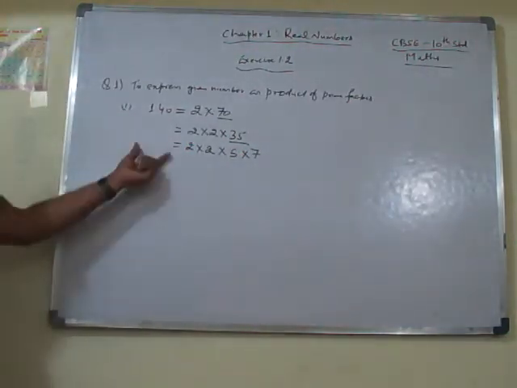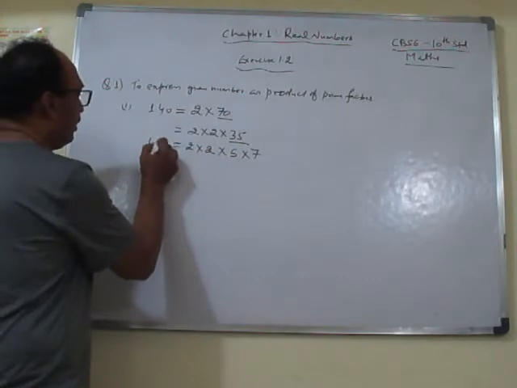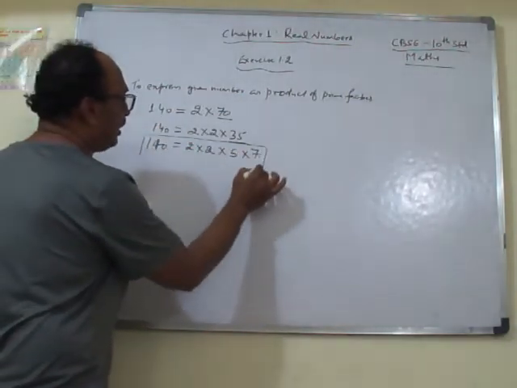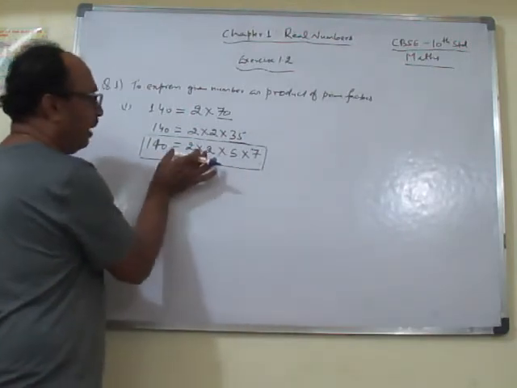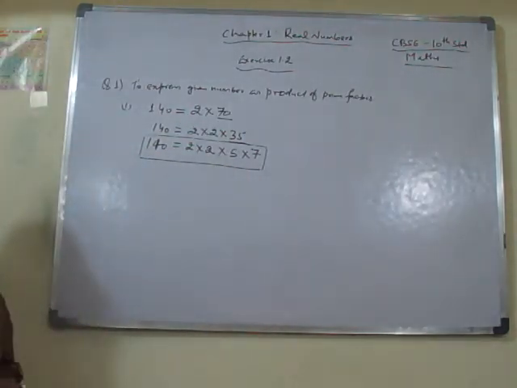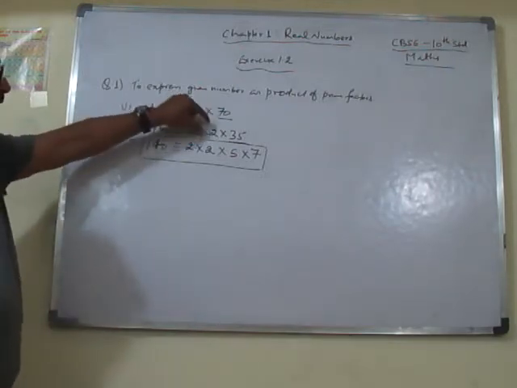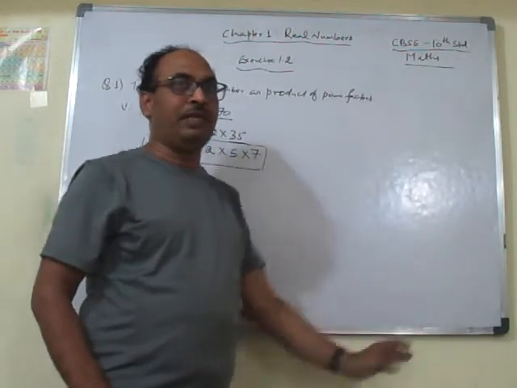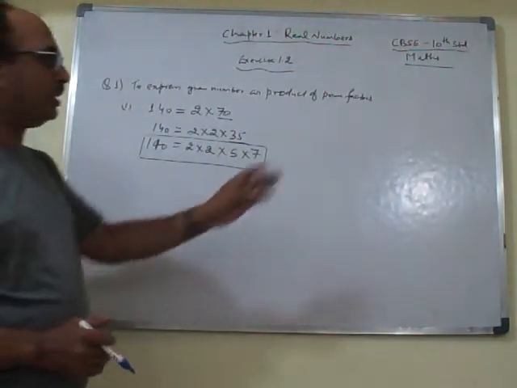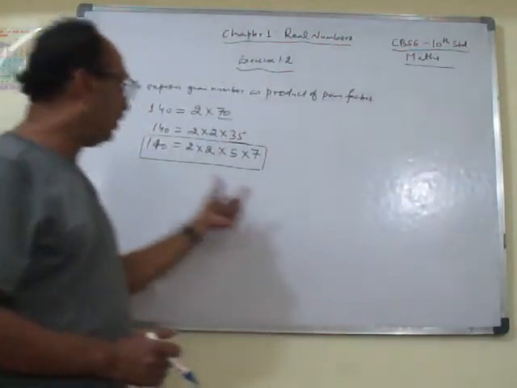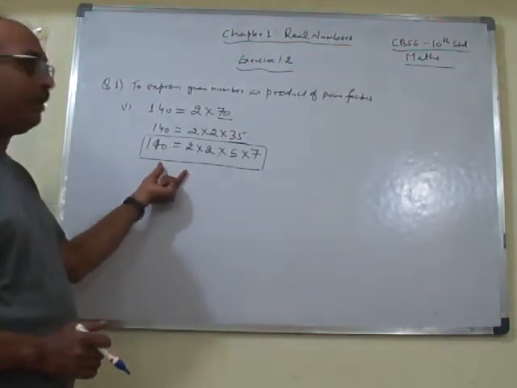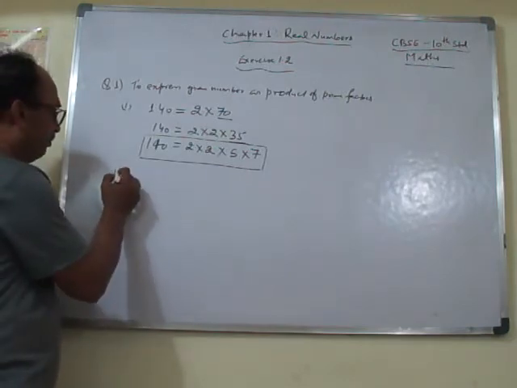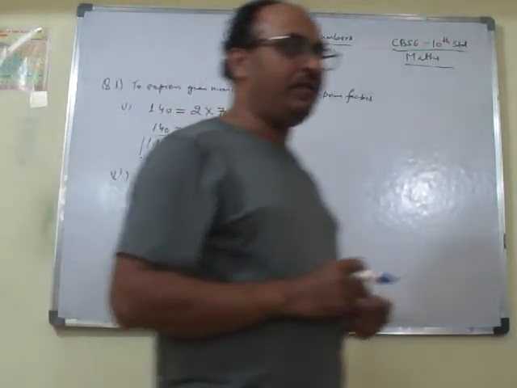It means this 140 has been converted completely into a product of primes by this expression. These things we can keep in our rough portion.